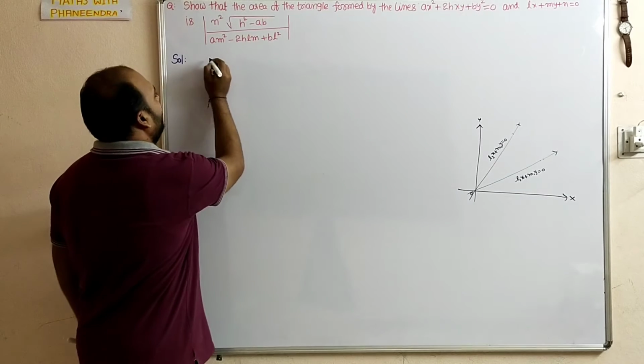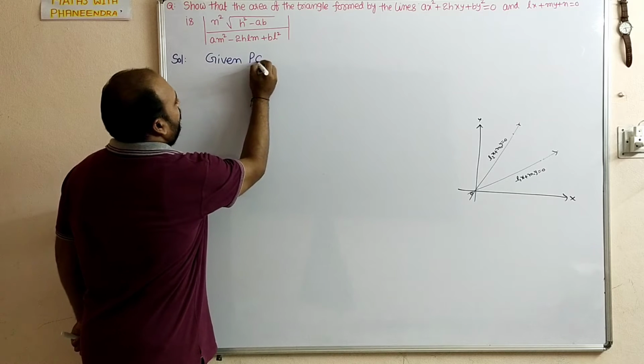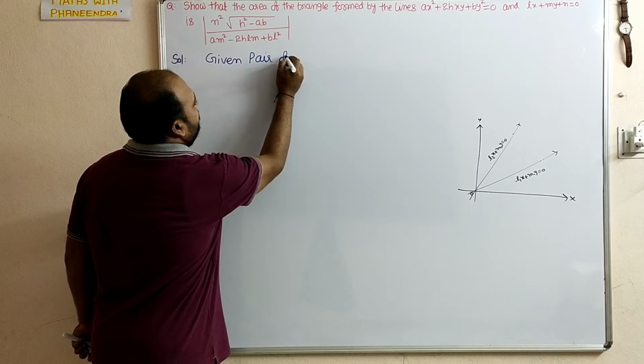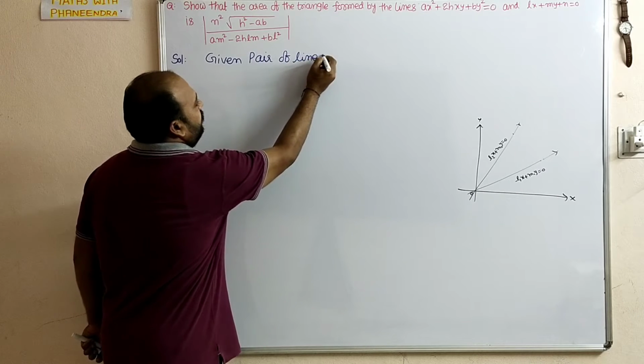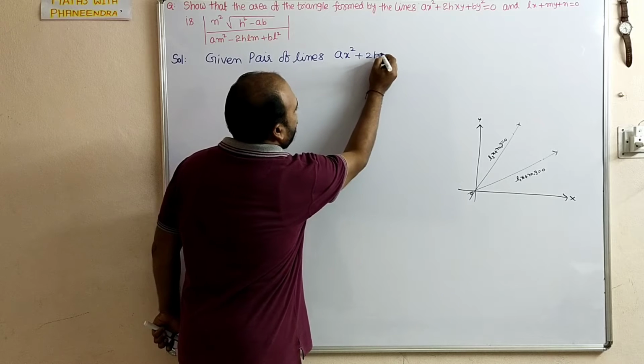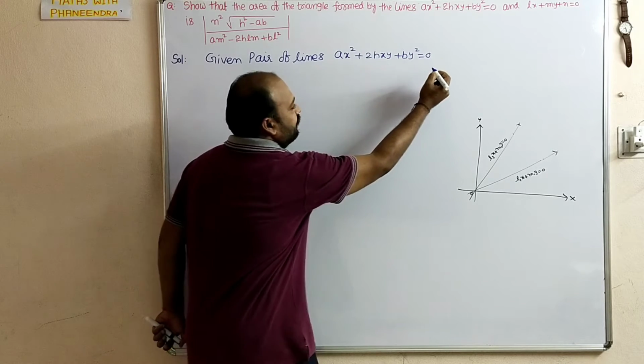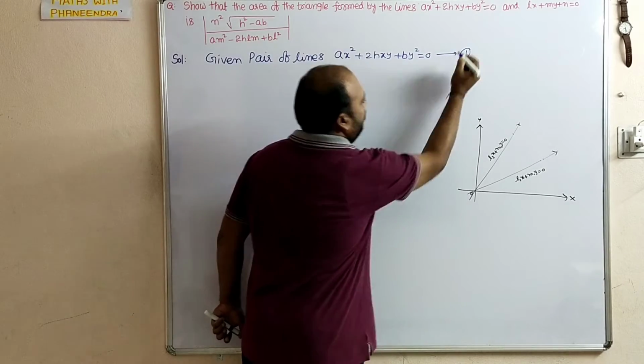First, given pair of lines, ax square plus 2hxy plus by square equal to 0. Equation 1.